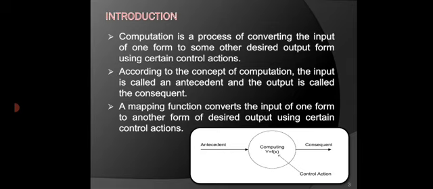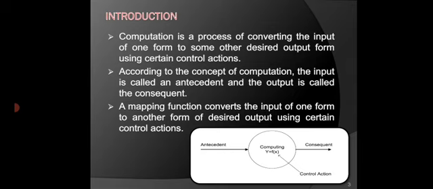Computation is the process of converting the input of one form to some other desired output form using certain control actions. So the figure shows that computing is a technique to convert the input into output with some control action or computing methods.